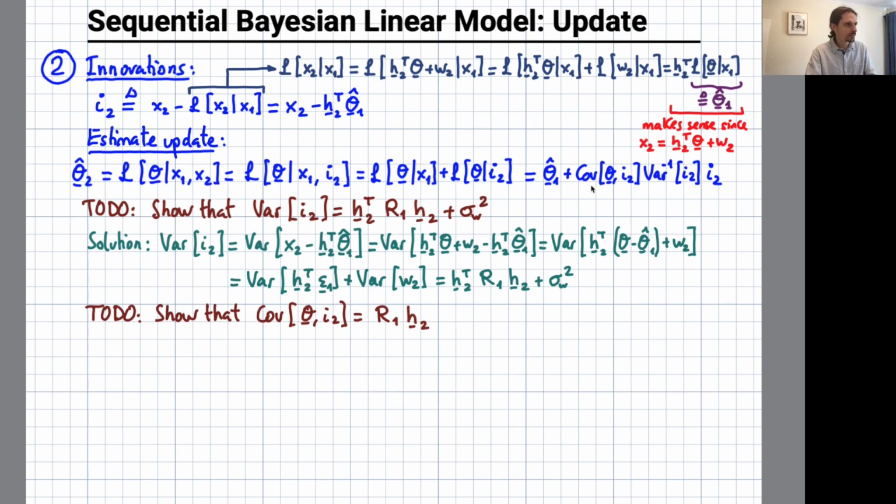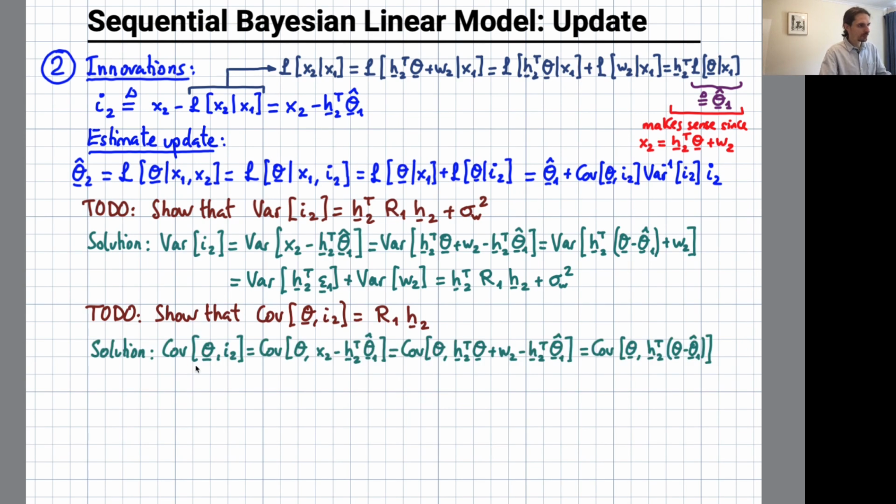So the next step is to obtain this covariance here. Again, I suggest that you try to show that it is given by this expression. Okay, we start by using the expression for the innovations and the definition of x2 here, and this is what we obtain.